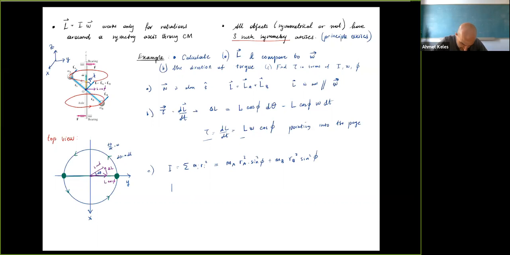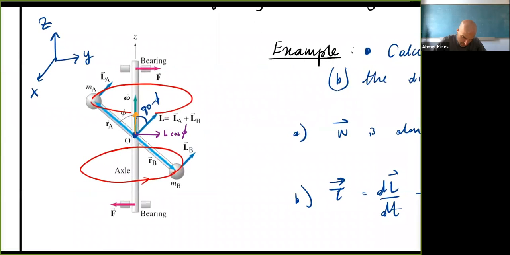Now L. I can use MA VA RA, right? It's like R cross P, so I have R and I have MV.